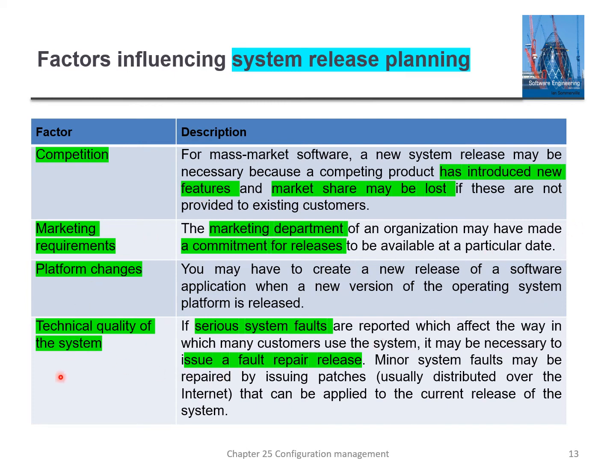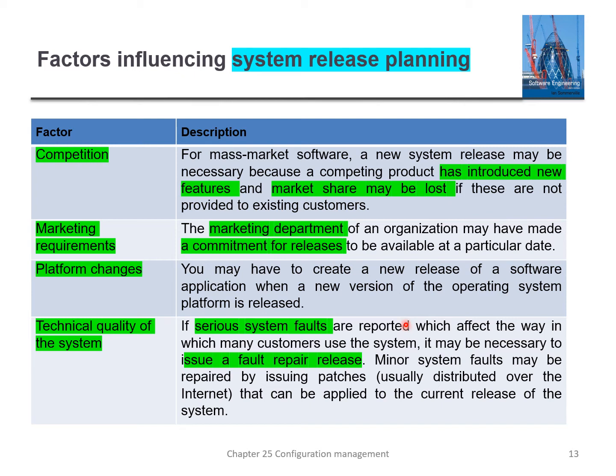And also maybe the system that is running currently has so many faults, so many errors, so they need to recover the system quality in a very short time, else the customer will lose respect, or lose confidence in the software team, the software company.